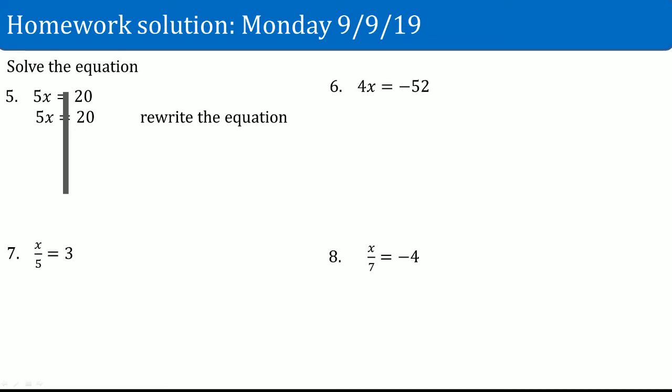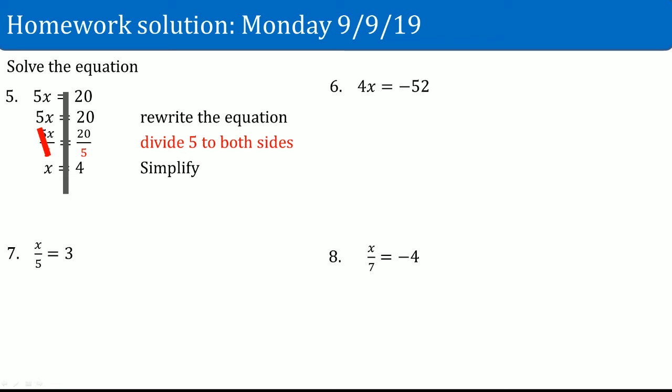So what is the opposite of multiply by 5? It is to divide by 5. Okay, I divide by 5 on both sides. On my left-hand side, the 5 over 5 cancels out. It becomes the number 1. What I have left over on my left-hand side is an x. On my right-hand side, 20 divided by 5 becomes a 4.